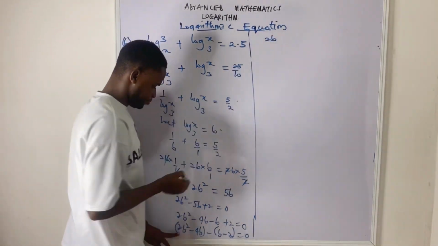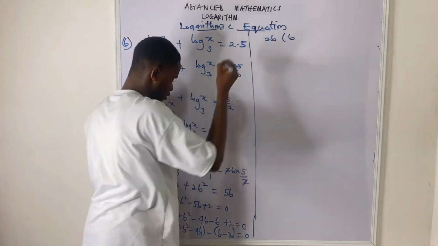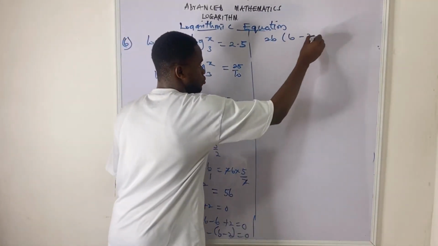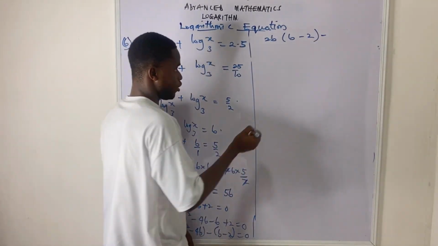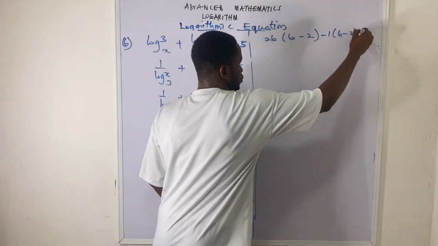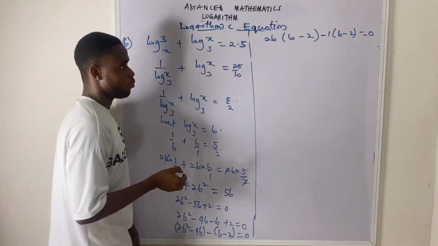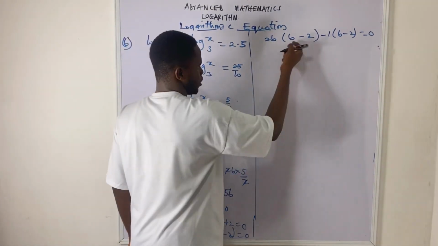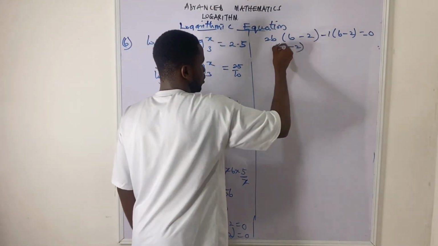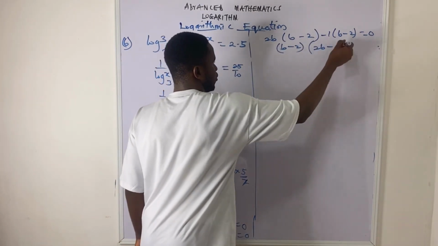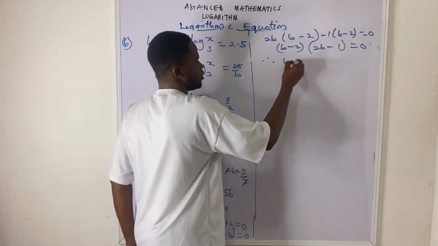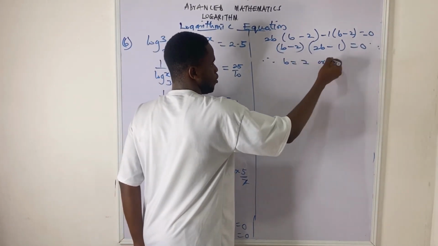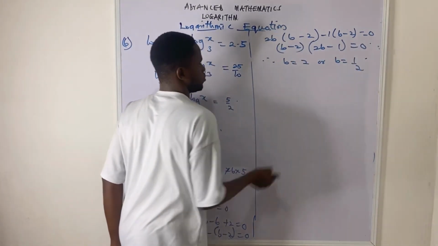So we are having 2b and we are left with b minus 2 there. Then minus 1 into b minus 2 equals 0, since 1 is the only common factor there. So I take out the common factor again, b minus 2. I'll be left with 2b minus 1 equals 0. And therefore, we can see that b is equal to 2 here, or b is simply 1 over 2.